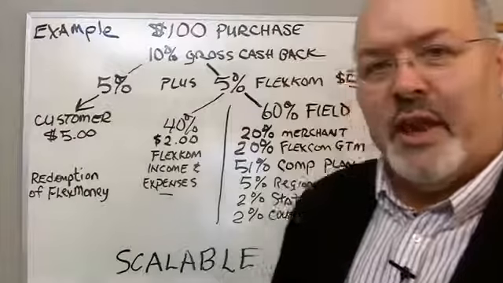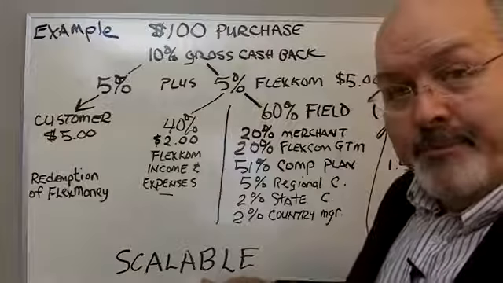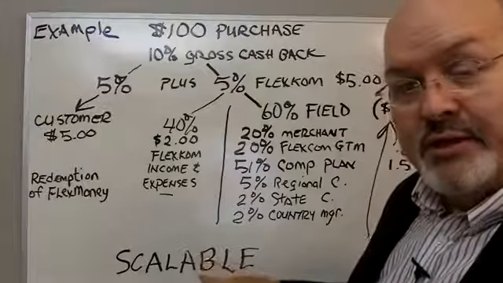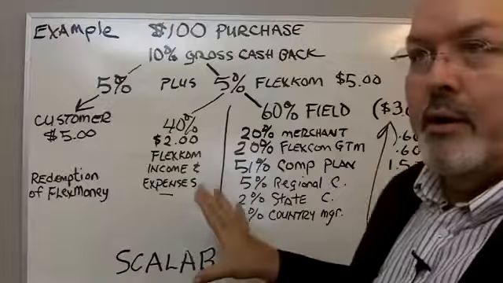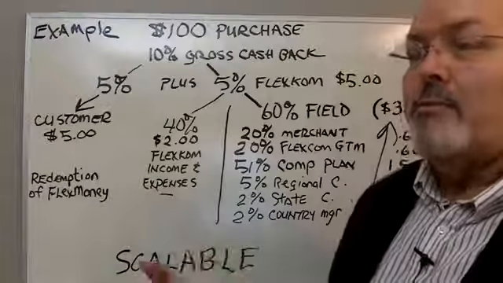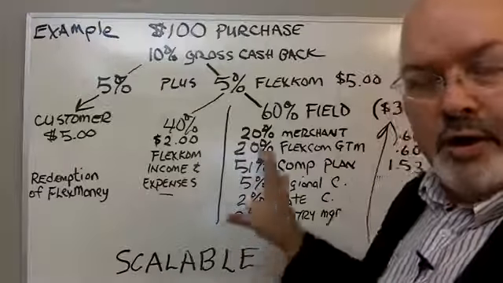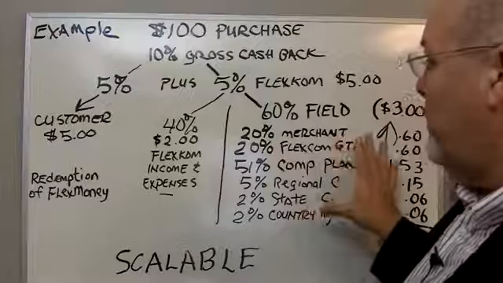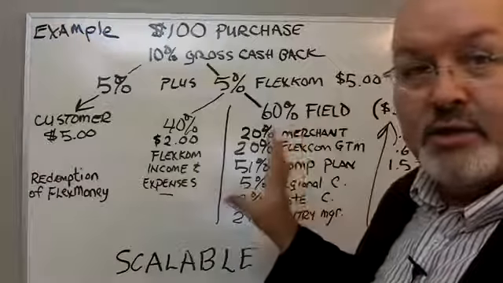And one of the reasons that I put this word at the bottom, this idea of being scalable, is simply because of how amazing the people at the top of Flexcom are. Folks, they rolled this out 3 years ago in Europe. They made all the mistakes, just like any other kind of beta test goes.